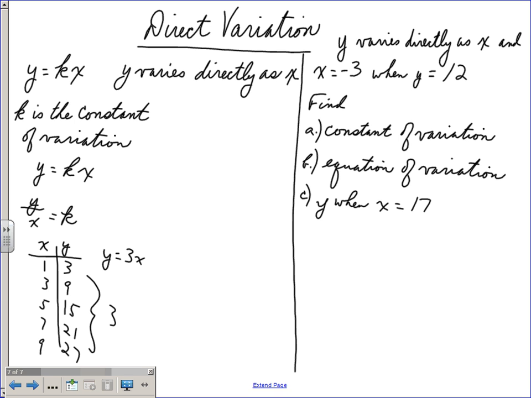It tells you that y varies directly as x, so I know I'm going to look at y equals kx. Then you have other given information that says y is 12 when x is negative 3. So my constant of variation would be what?